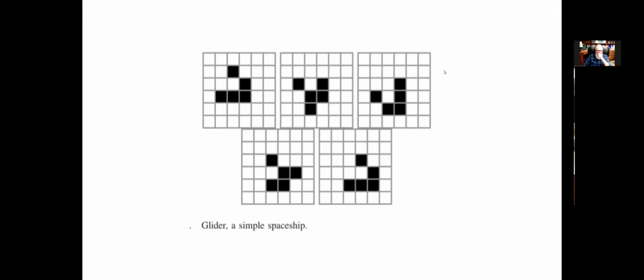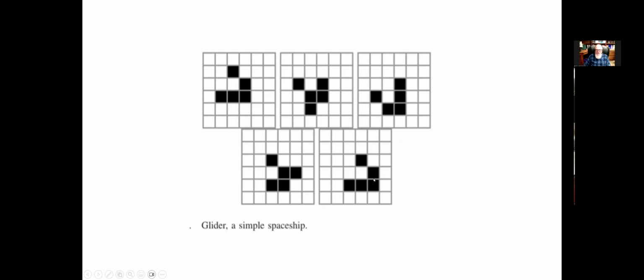And then there's some more complex things like a glider. So up here you have a glider. You have, let's see, one, two, three, four, five elements. According to the rules of life, this manifests itself next as this pattern, which manifests itself as this pattern, which manifests itself as this pattern, which manifests itself as this pattern.